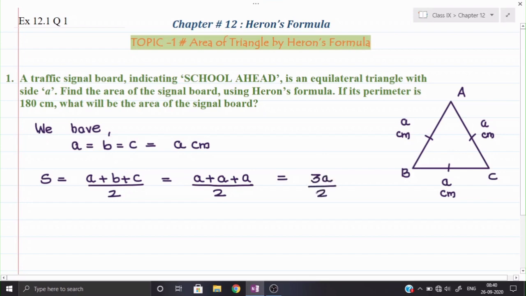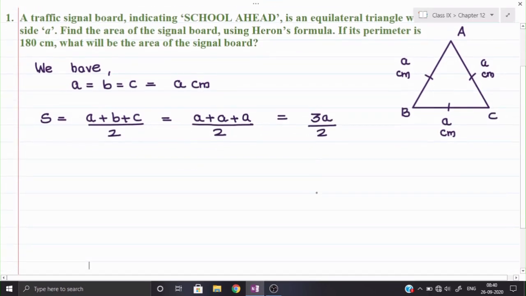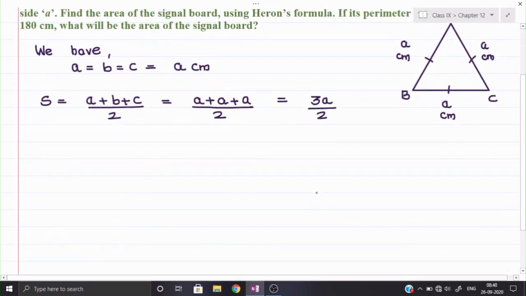Now see, we require some values. You know that the area of a triangle by Heron's formula is under root of s into s minus a, s minus b and s minus c. Okay, so some values which we are putting in the formula directly, we shall calculate first. So it will be easier for us when we put them. First value we shall calculate here, that is s minus a.